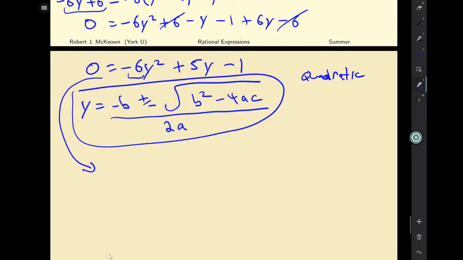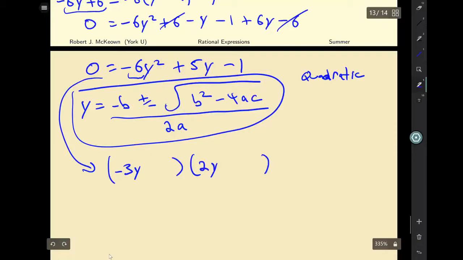and I know that 3 times 2 is equal to 6, and I also know that 3 plus 2 is equal to 5. So I'm going to write 3y here like that, and I'm going to write 2y there like that. And if I want to get negative 1, the only way I can get negative 1 is to have a plus 1 and a negative 1.